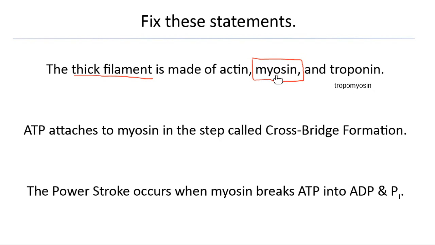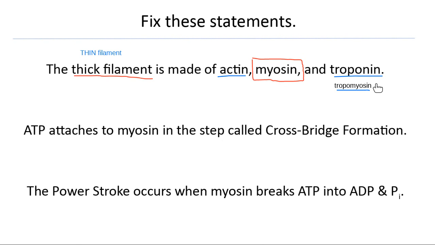Everybody else that we have listed here, actin, troponin, tropomyosin, what are those all part of? Yeah, those are part of the thin filament. The main protein that makes up the thin filament is actin.